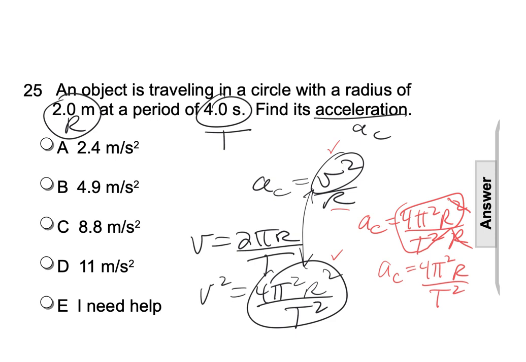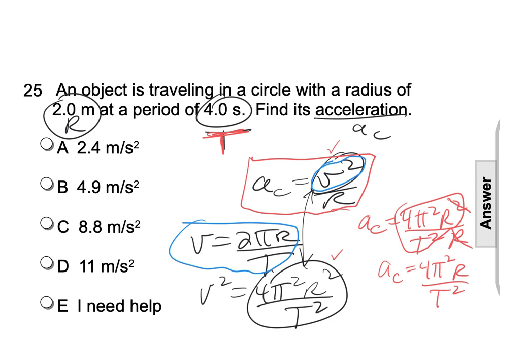So this is different because I don't have V in this equation. I'm going to still use AC equals V squared over R. But I don't have the V. So I'm going to use this other equation to find V. Okay, we've done that many times. And because this is V squared right here, I'm going to have to square this V right here.